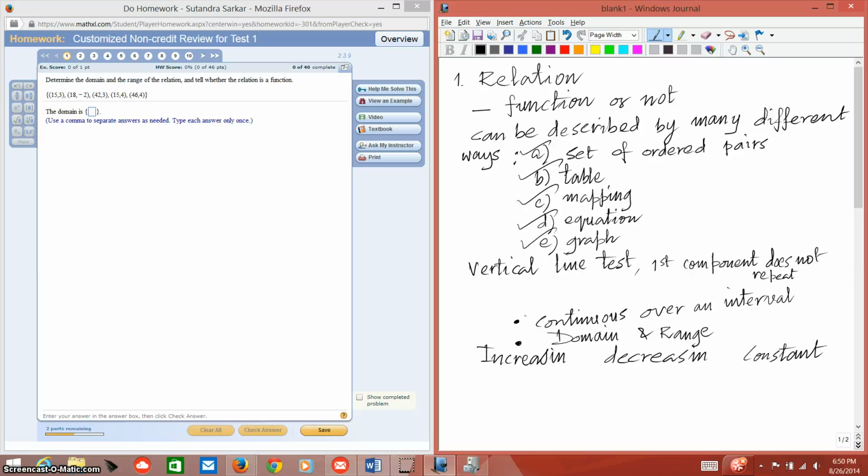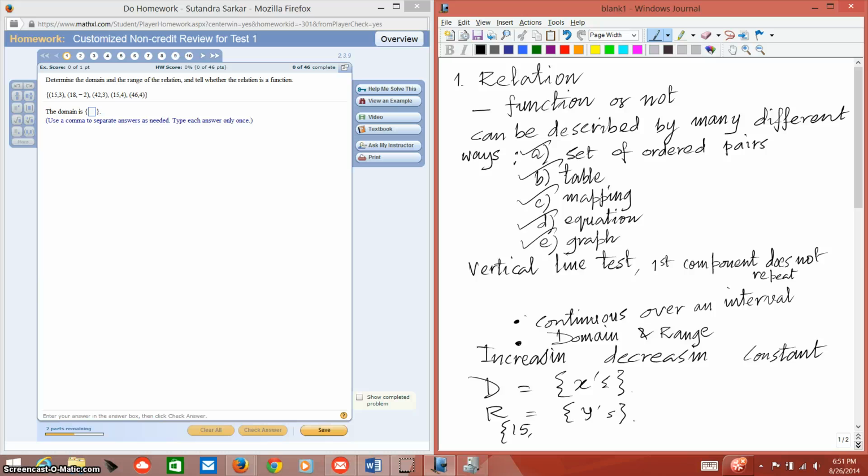Now, when we talk about the function, we also think about domain and range. The domain is basically the set of all x's, or the first components, and the range is always described by the set of y's, or the second components. So if you look at the first question, it asks you to find the domain, and all you need to do is look at the first component and come up with that set of those numbers.